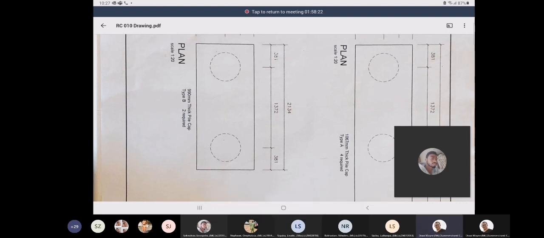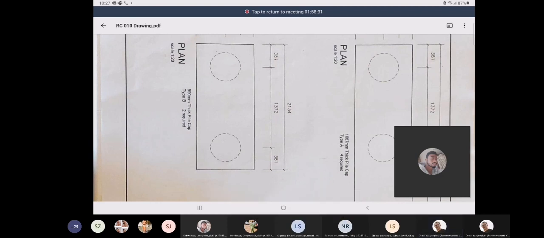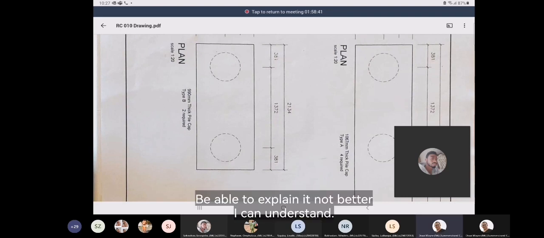I've not copied this drawing in properly so that I can actually work with it and be able to explain it a lot better.